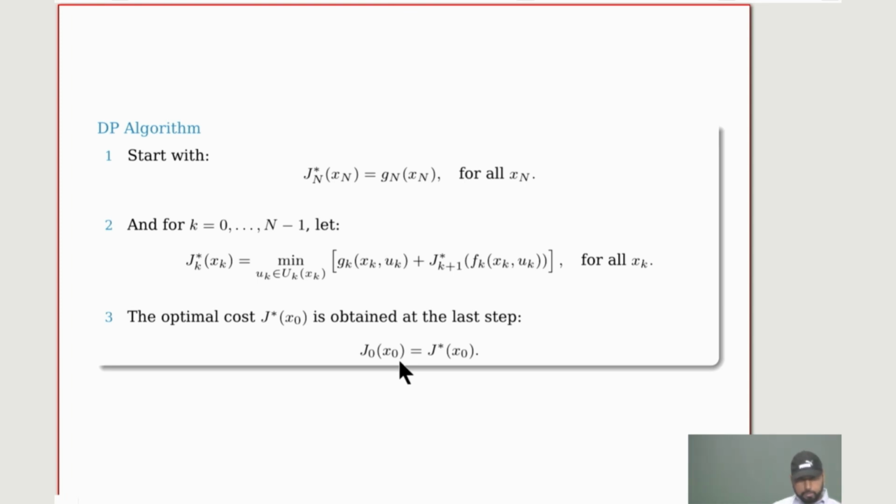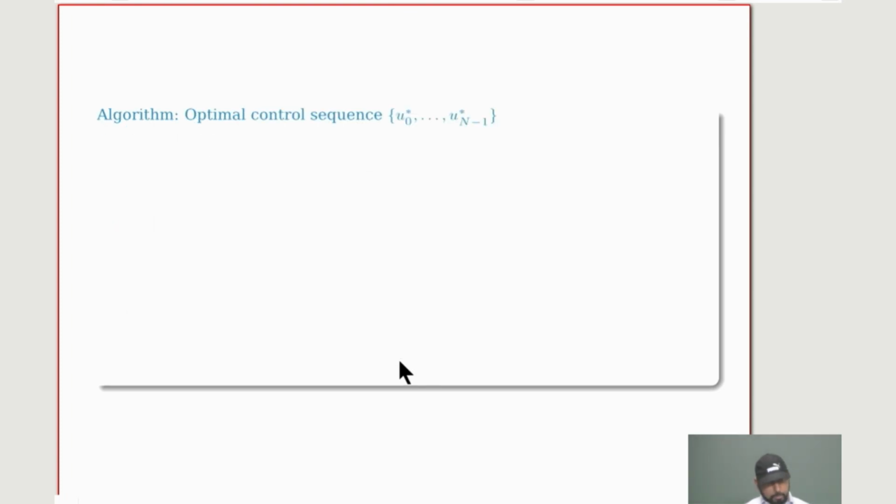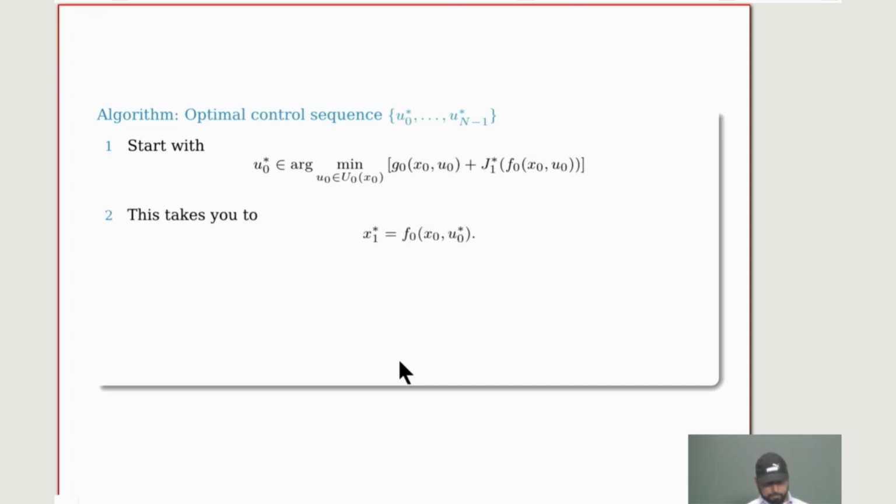The cost calculation is backwards, and then knowing this cost that you have, now you can take the optimal control sequences. So this is the DP where I am trying to understand the cost, which is backwards, and then the optimal control sequences that I will choose will be step by step from x0 to x1, and so on.